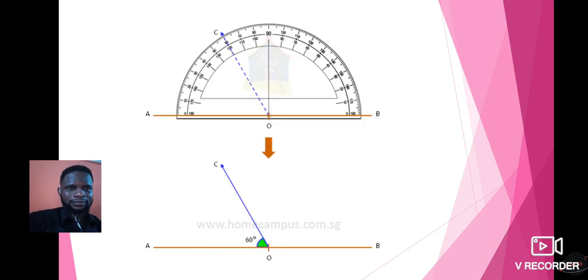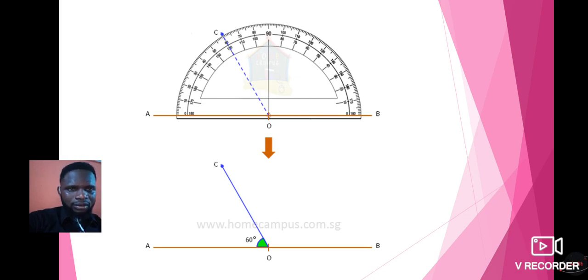Let's continue. So this is what I'm talking about here now. See the horizontal line AB in red. The baseline of that protractor, which is the black line, must coincide. It must lie along the line AB.